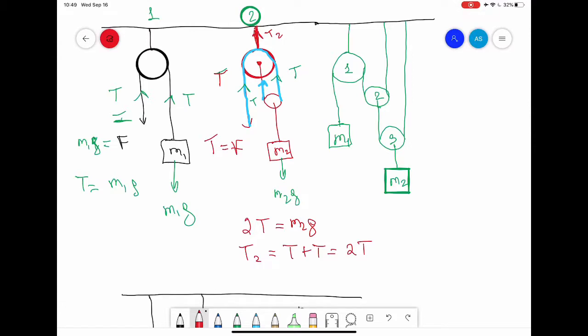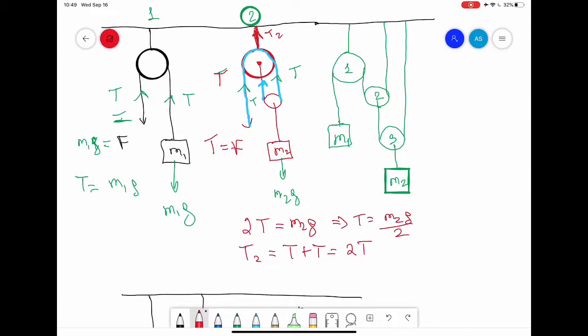So if you want to find how much force you have to apply in order to keep mass 2, then tension will be equal to M2G divided by 2, right?